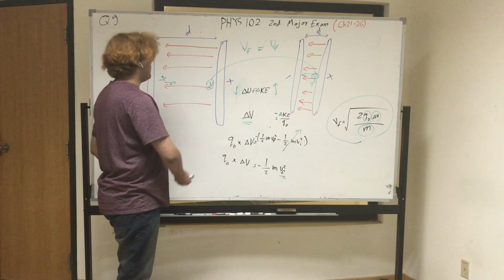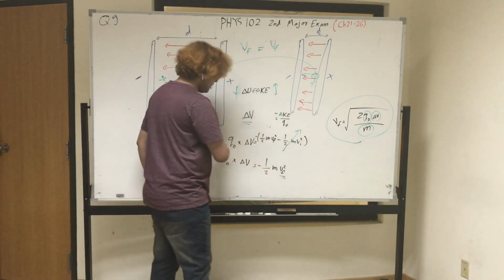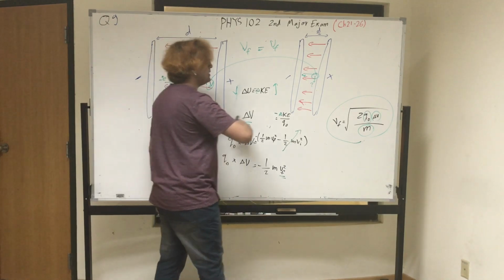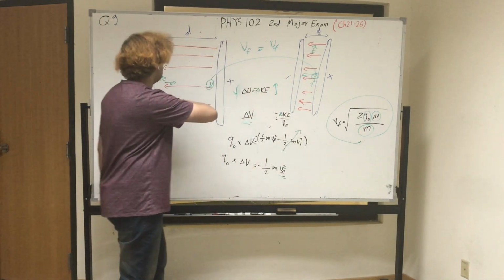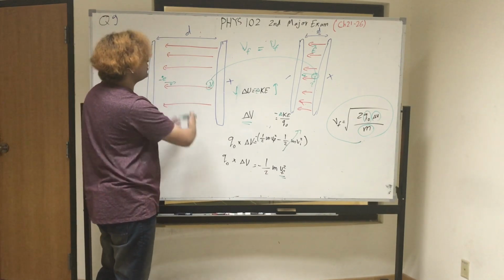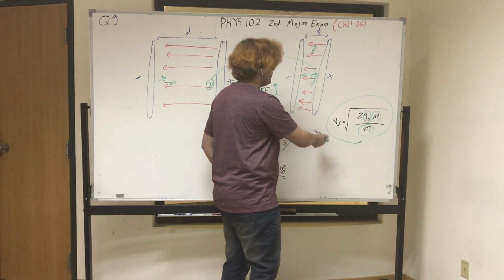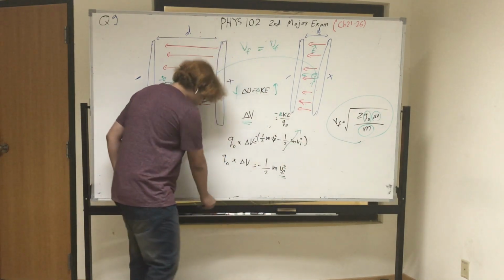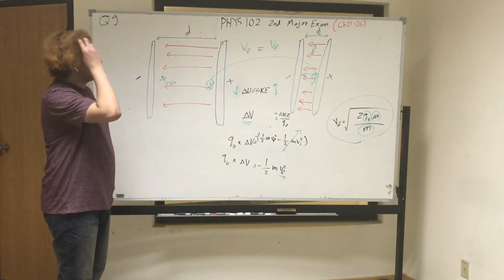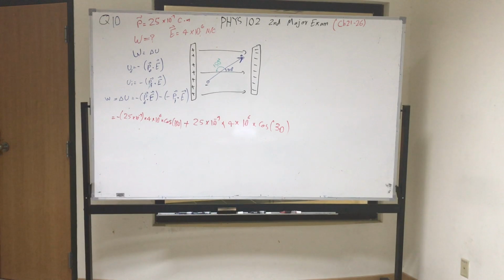But if we decrease the separation and hold the potential difference constant, this means that the electric field in this situation will be higher than the electric field in this situation, and that's going to accelerate the electron further, and we're going to have the same final velocity. And that's your answer. V in the initial situation is equal to the V in the final situation.